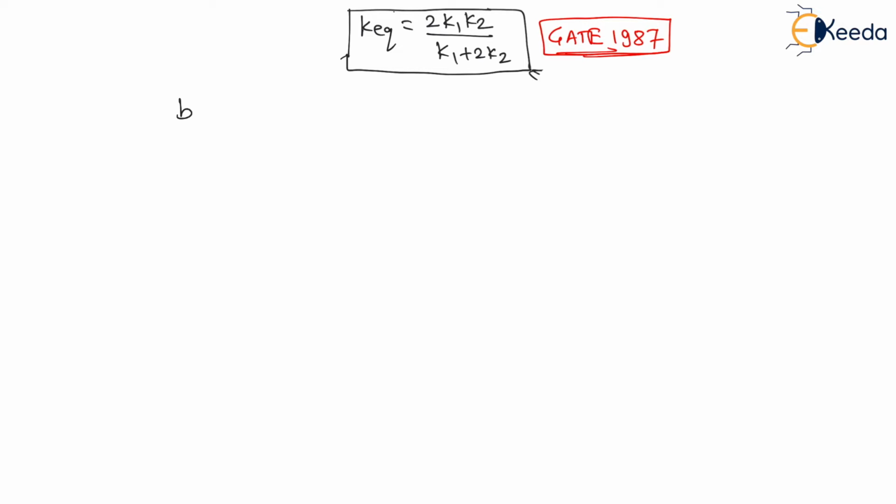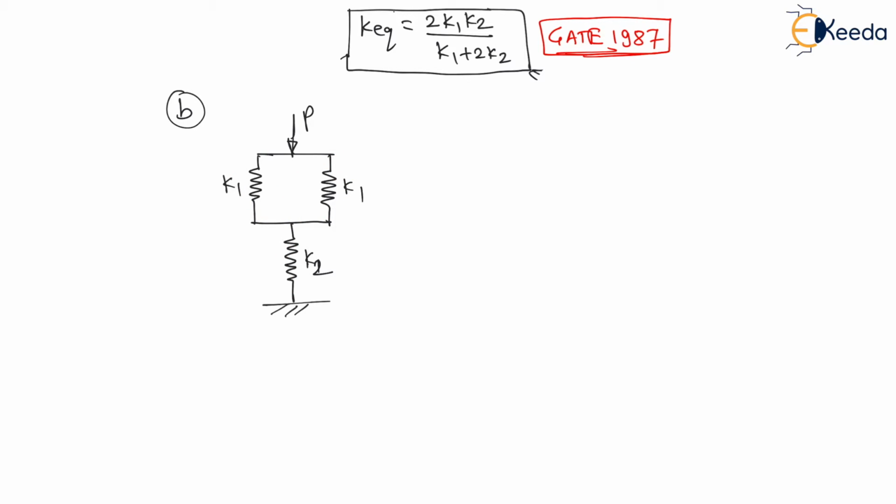Now option B is given somewhat like this. k1 and k1 are arranged in parallel, and k2 is arranged in series with both k1. There is a load on the springs. For these two k1, they are in parallel, and k2 is in series with them.